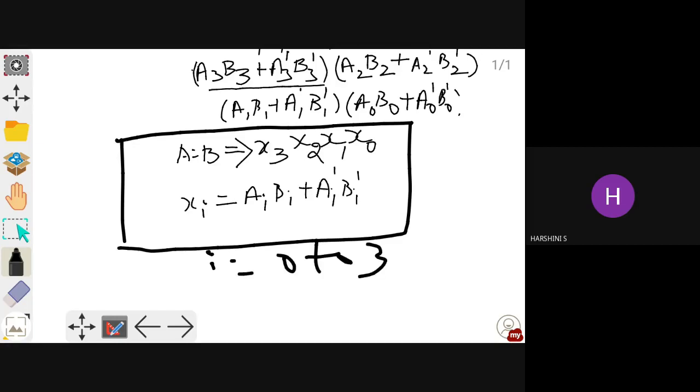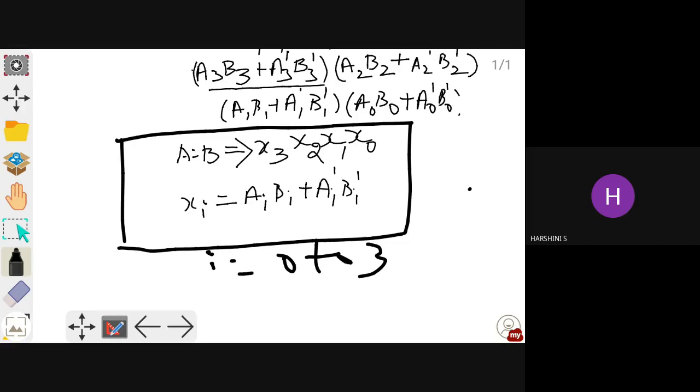So if i is equal to 0, x naught is equal to a naught b naught plus a naught dash b naught dash. x1 is equal to a1 b1 plus a1 dash b1 dash. And x2 is equal to a2 b2 plus a2 dash b2 dash. And similarly x3 is equal to a3 b3 plus a3 dash b3 dash. So this is the Boolean function for a equal to b.